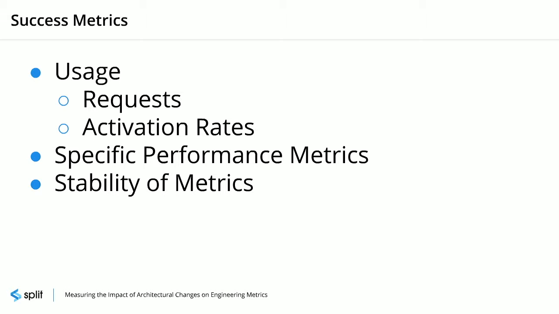Now, when you're evaluating those changes from an engineering point of view, you aren't caring so much about things like engagement or the power, or how that drives sales, but you are interested in some core metrics that deal with how that particular part of your infrastructure is being used.